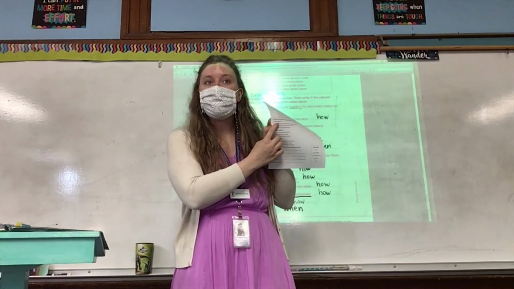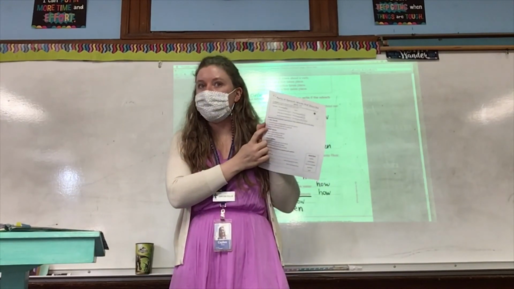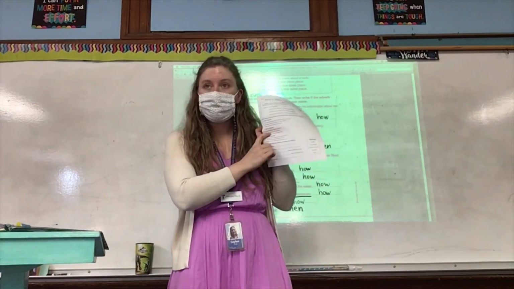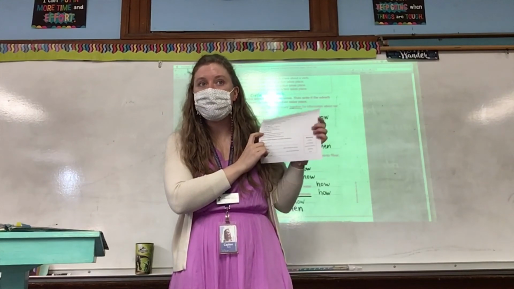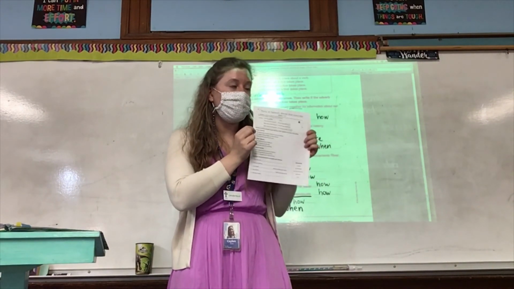Use the clues. Numbers 1 through 3 are only going to be adverbs that tell how, and so on. Use those clues to help you. You're finding the verb, which we should all be able to do. And if it's under section A, then you're thinking, okay, which word tells me how this happened?